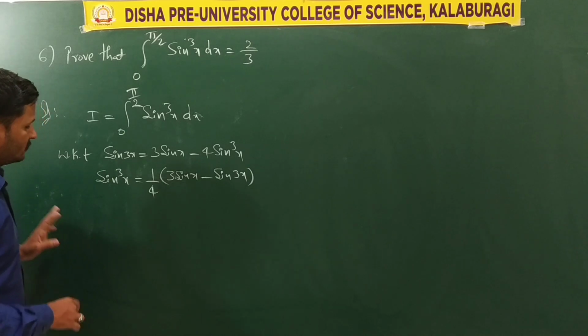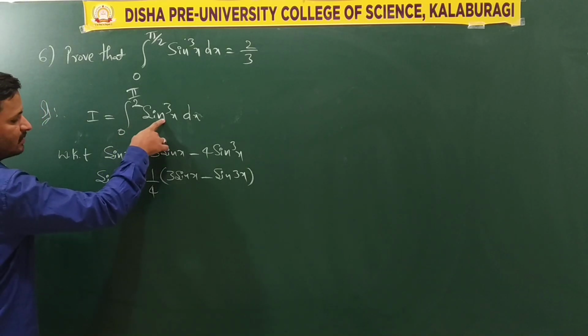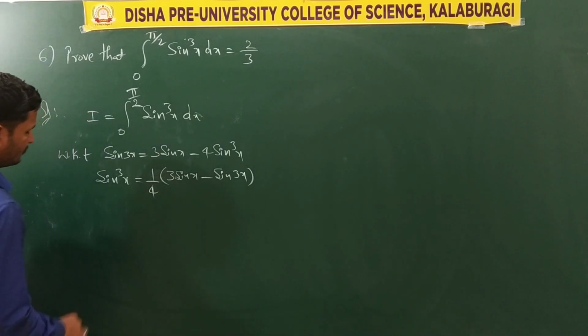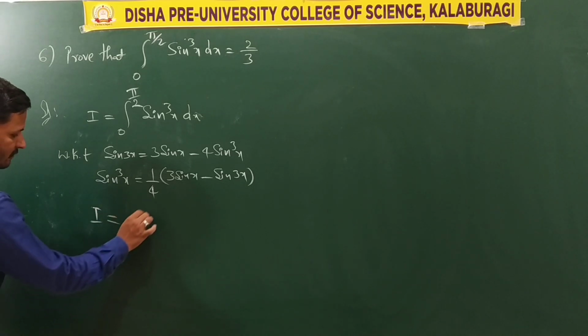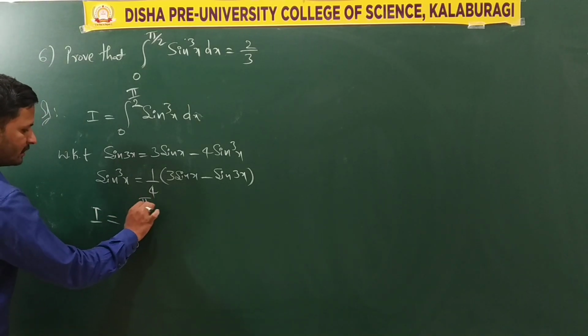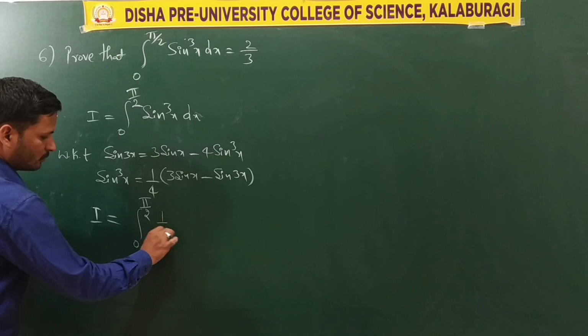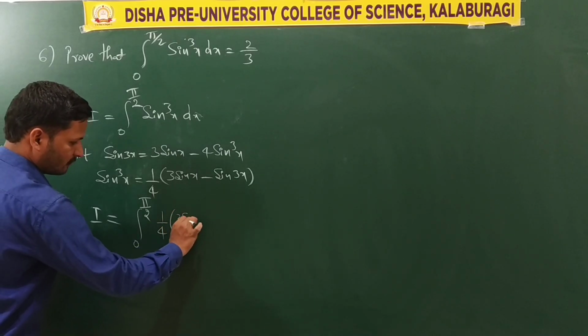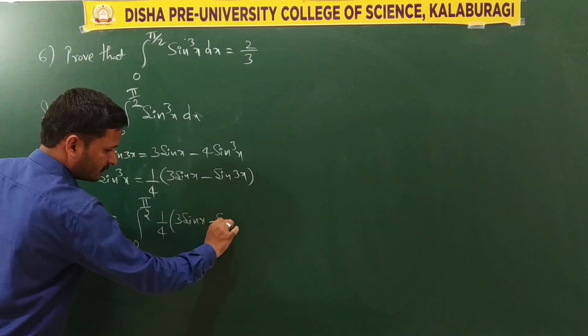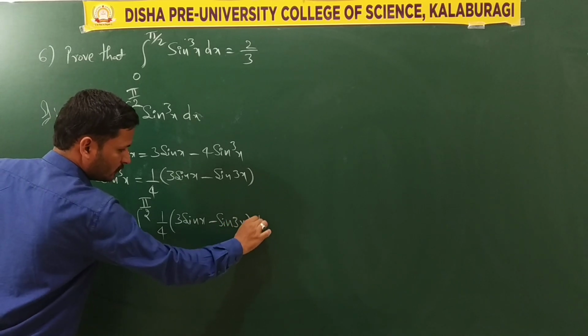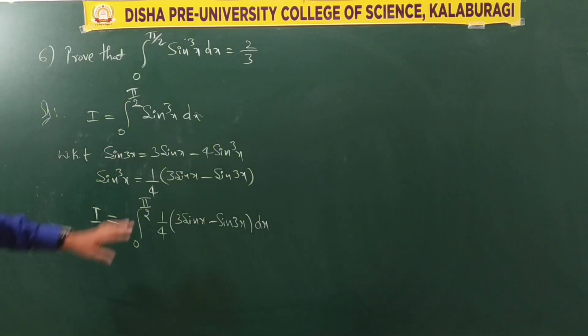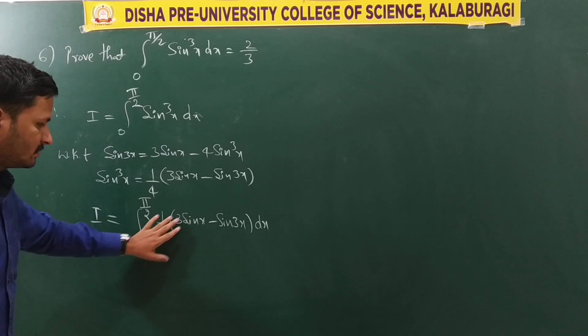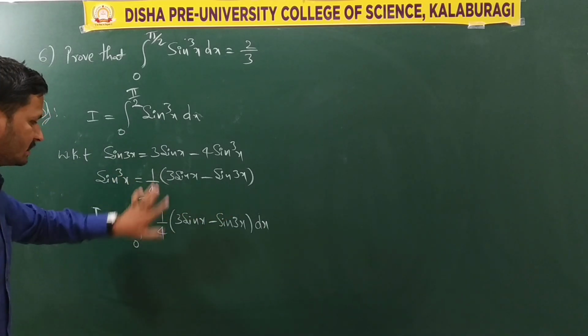So in place of sin cube x we can write this total expression. So we get I from 0 to pi by 2 of 1 by 4 into 3 sin x minus sin 3x dx, by using the sin 3x formula.